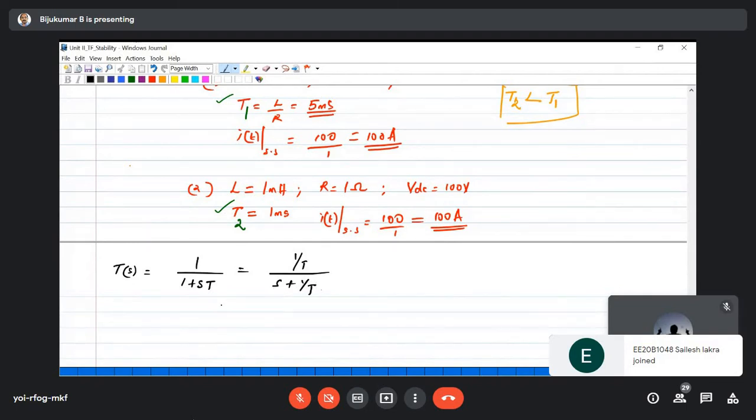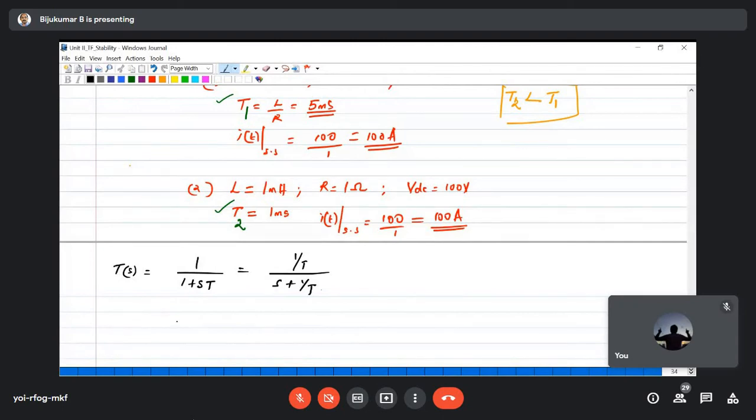So in case of this RL circuit, we already mentioned that for a first order system, the pole will be at minus 1 by T, right?